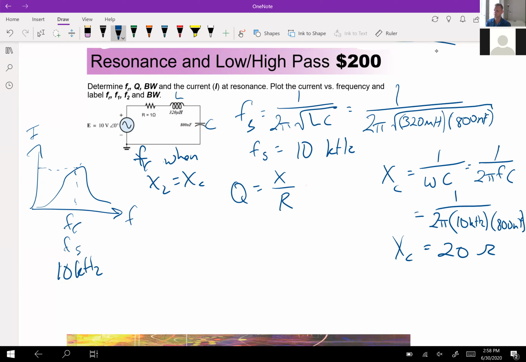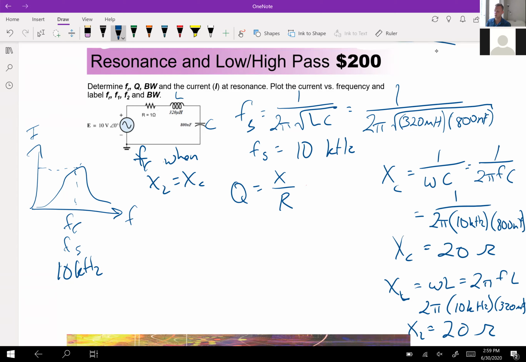So that's XC. If you don't believe me, let's also plug in at that resonant frequency XL, which is omega L, which is also 2 pi FL, 2 pi, the resonant frequency 10 kilohertz, L, 320 microhenries, and I get 20 ohms.